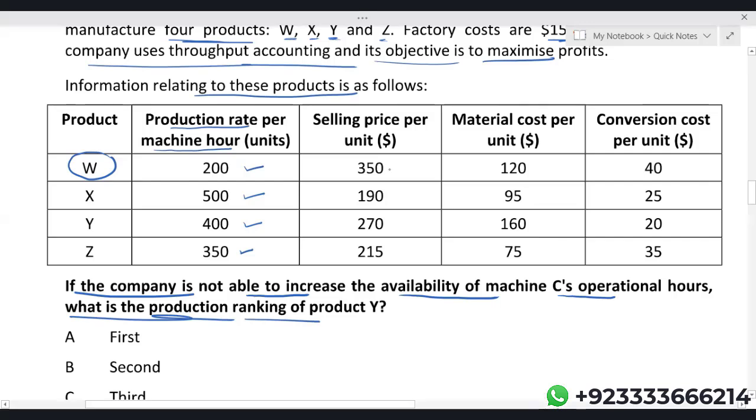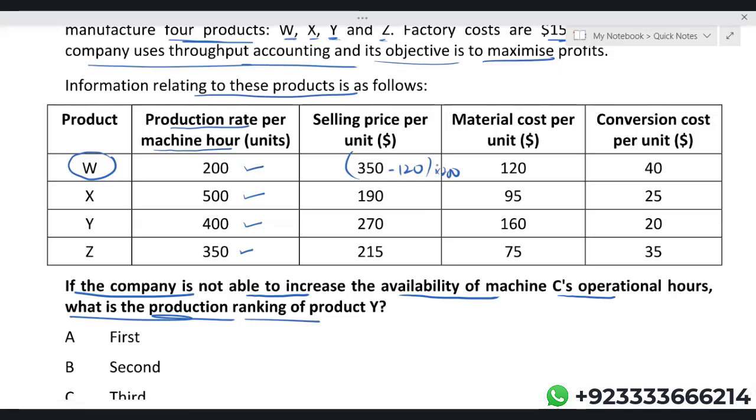So simply 350 minus 120, that will give us throughput, multiplied by 200 units. Let's see what the total throughput is. 350 minus 120, I'm getting a throughput per unit of 230. In 1 hour, 200 units of W can be produced.